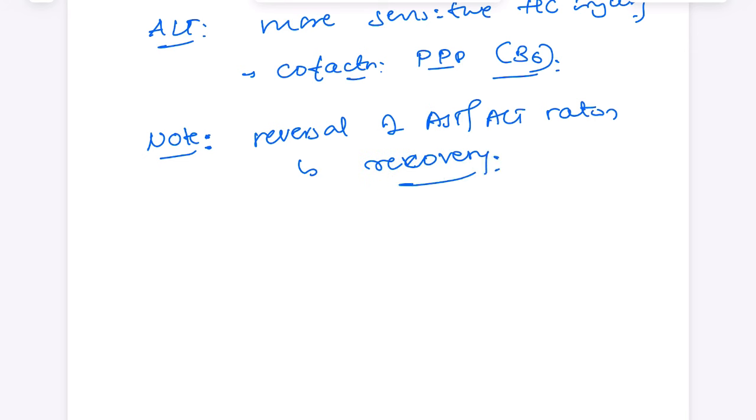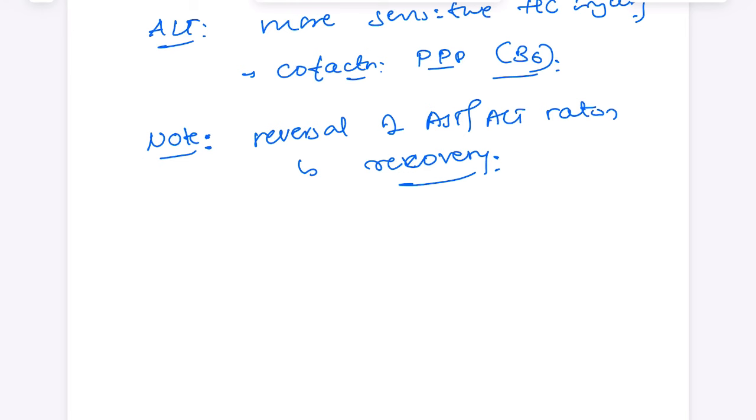Let's suppose one example, an alcoholic patient or some liver injury patient, when the initial AST:ALT ratio is high, and during the course of treatment, the course of hospitalization, this ratio reverses. That means he is going for recovery. So this is the clinical importance.